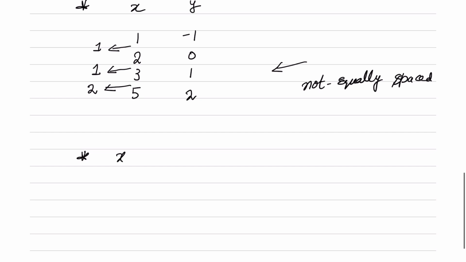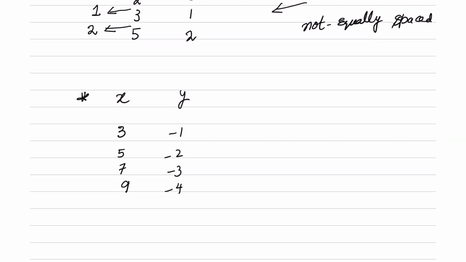Now let's look at this data. We have to decide if this data is equally spaced or not. Don't look at y. Y could be in any form, any number. But let's decide if this data is equally spaced looking at the x values.